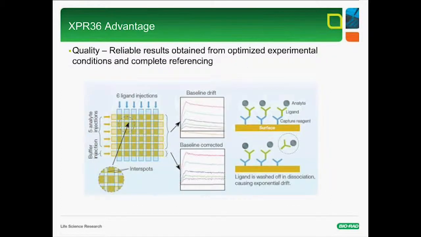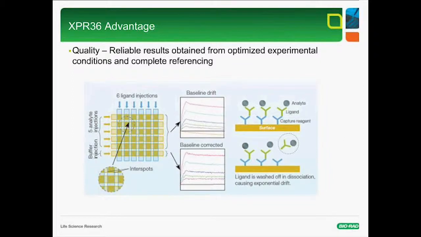The second advantage of the XPR36 technology is data quality. Because we have multiple channels in parallel and they all run simultaneously, you can use one channel as a real-time referencing channel. So you can use it to correct the baseline drift when you use a capture surface.